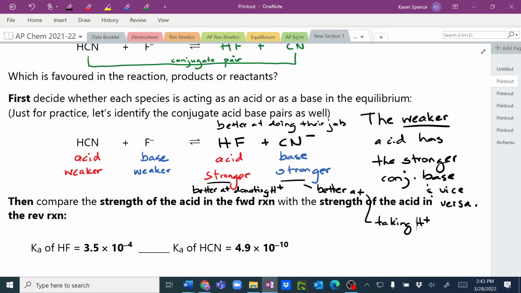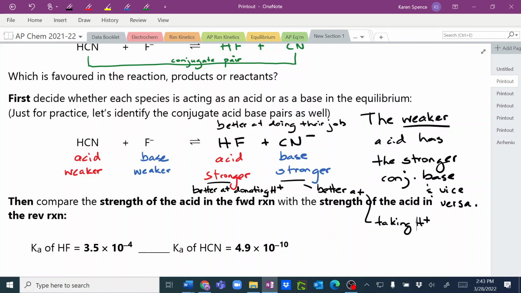So where are we spending most of our time? With you, in his acid form. He's the weaker acid, right? Try giving that to me. No. Okay, fine.